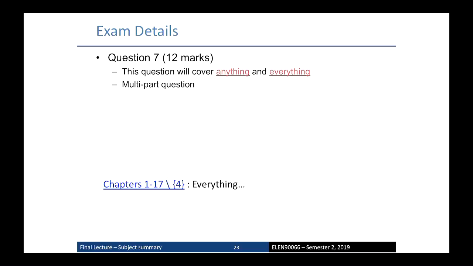That also means there could be memory stuff in there, caching, but not having to do a full analysis, just talking about different types of caching or how that affects performance. So you can't prepare for this one as a targeted thing. It's there for those people who are very good at the course overall and can answer everything. You might be able to answer 1 or 2 questions, and that's okay as well. I'm not going to give too much away about that. It's multi-part, probably 6 parts, 2 marks each sort of thing.